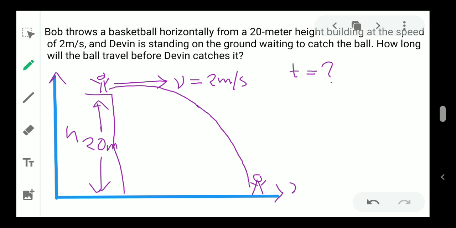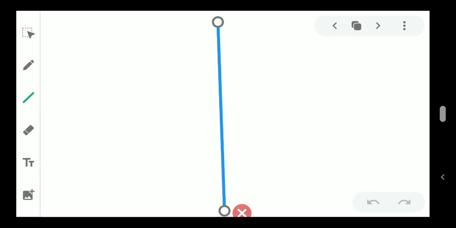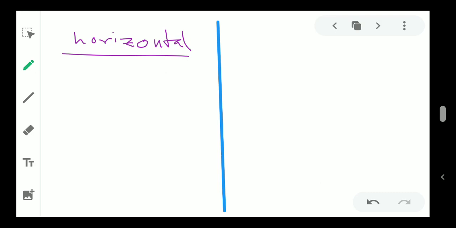Now horizontally, if I take the x-axis in this motion, I will put one bar here to separate the two motions. The first one is my horizontal motion, and this is my vertical.